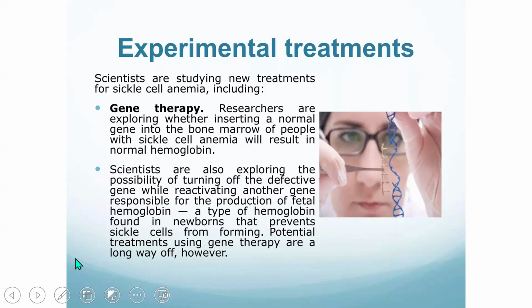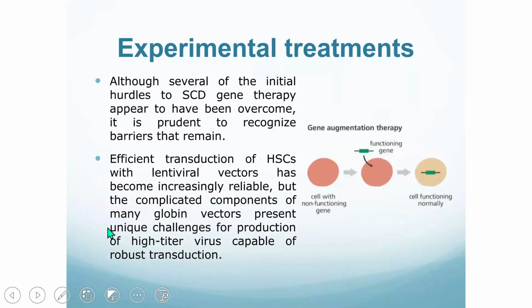So potential treatments using gene therapy are a long way off, however. Although several of the initial hurdles to sickle cell gene therapy appear to have been overcome, it is prudent to recognize barriers that remain.